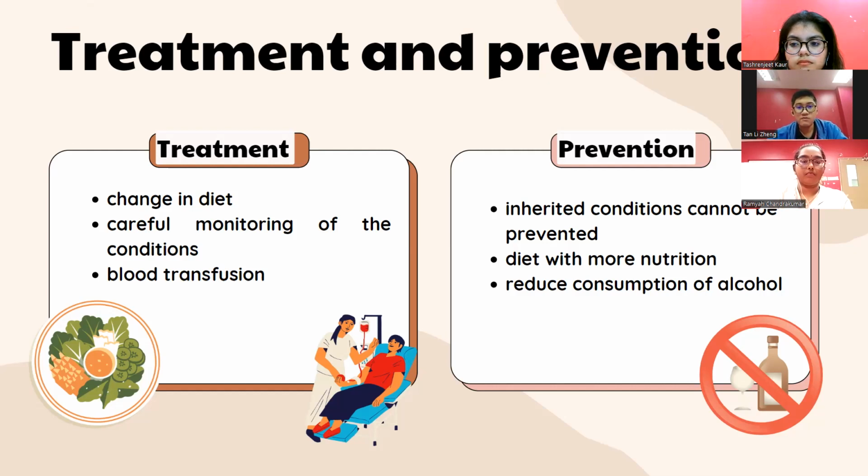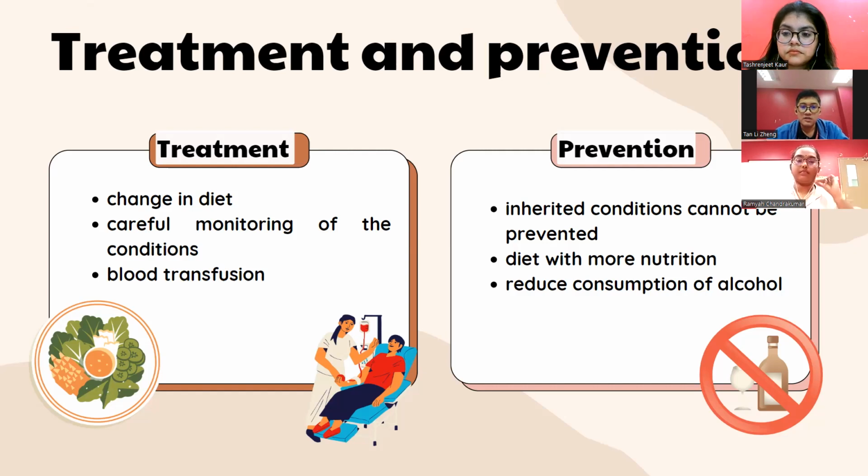But before treatment, we must be able to prevent these kodocytes. It is worth noting that inherited conditions you cannot prevent because they are encoded in your DNA. The acquired conditions we can prevent by having a high nutrition diet, especially high in iron, vitamin B12, and also folate, as they are the key nutrients for producing the hemoglobin and also the red blood cells.